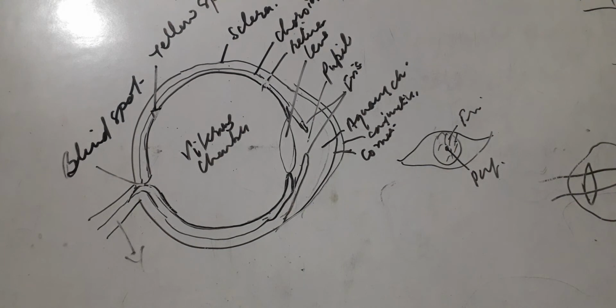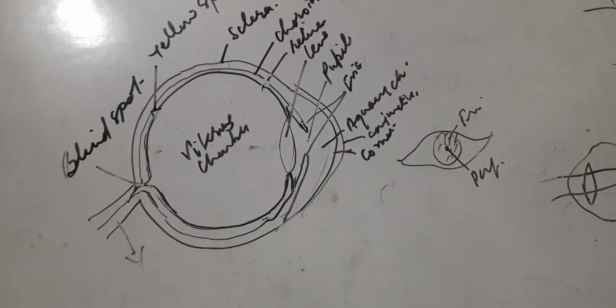The light and dark adaptation: when you pass from a brightly lighted area to a dark room, accommodation is related to the distance of the object. The second thing is adjustment of the eye when we go from light to dark or dark to light.